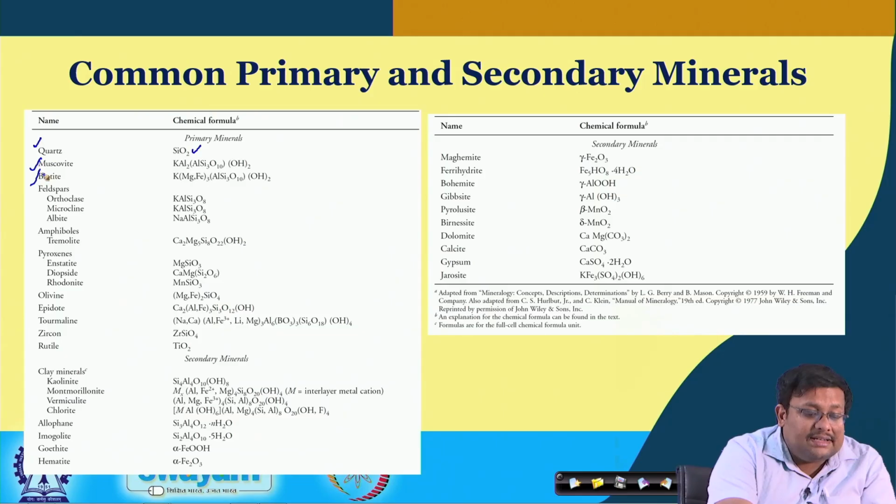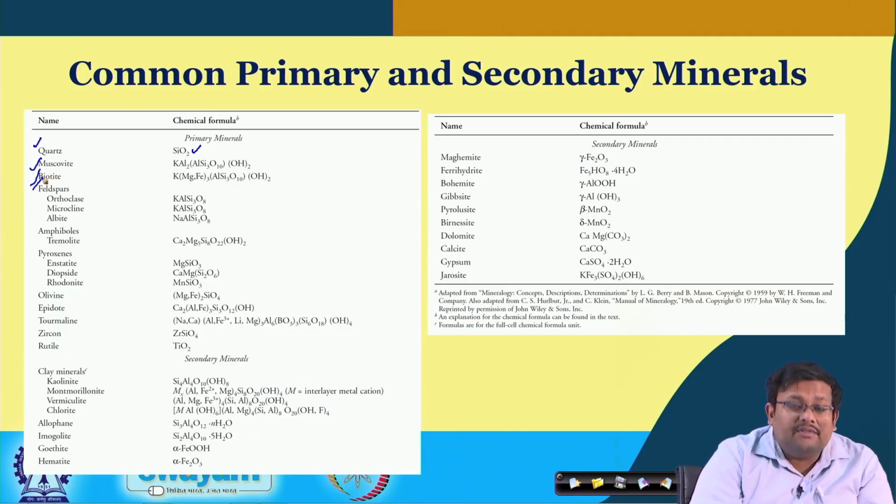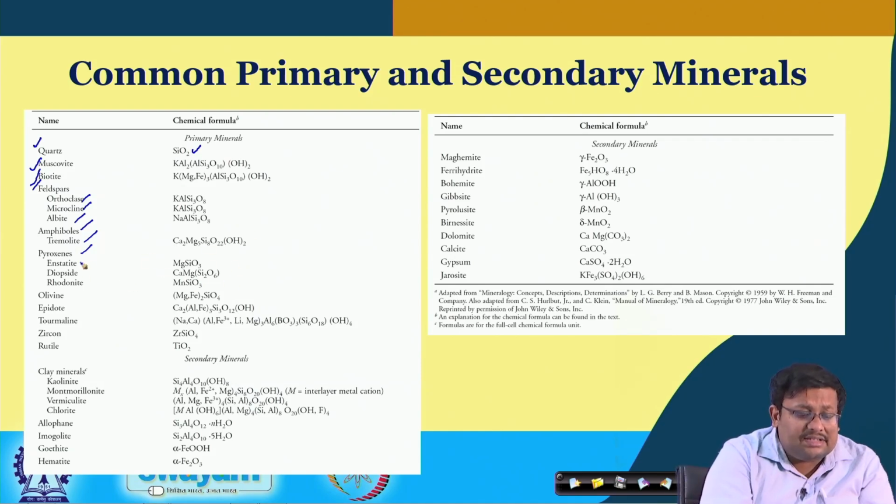Then biotites, and feldspars of different types like orthoclase feldspar, microcline feldspar, albite, then amphiboles, tremolite, pyroxenes. There are different types of pyroxenes, as you can see: enstatite, diopside, rhodonite, olivine, which is a ferromagnesian mineral, epidote, tourmaline, zircon, rutile.